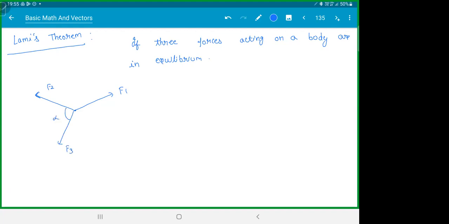Let this angle be alpha, this angle be beta, and this angle be gamma. So the force over the sine of the opposite angle, F2 by sine beta, we will rarely see this, in physics we will never use this, F3 by sine gamma. So this is actually, if we see, similar to sine rule. This is called Lami's theorem.